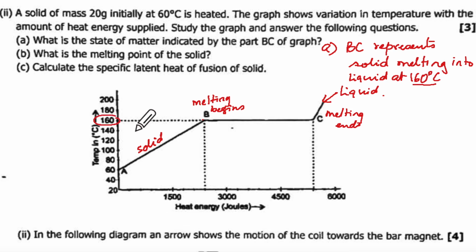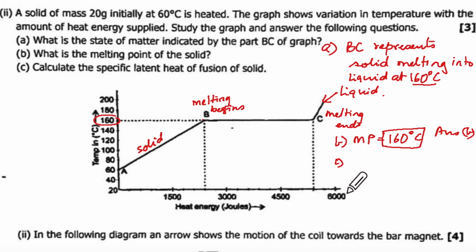So 160 becomes the melting point. B, melting point is how much? 160 degrees C. Okay. Answer B.